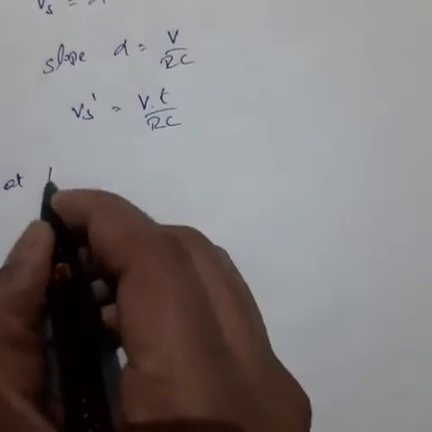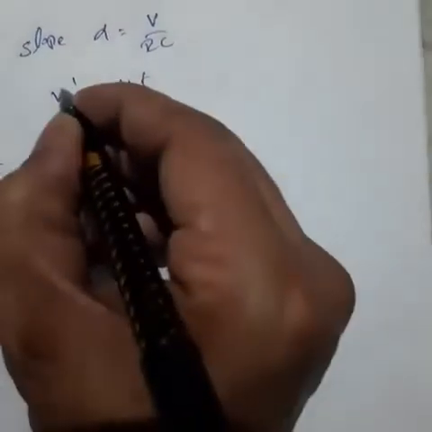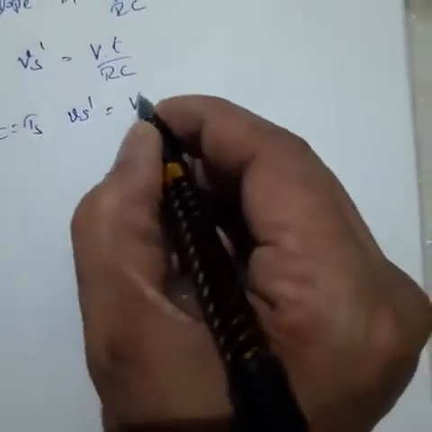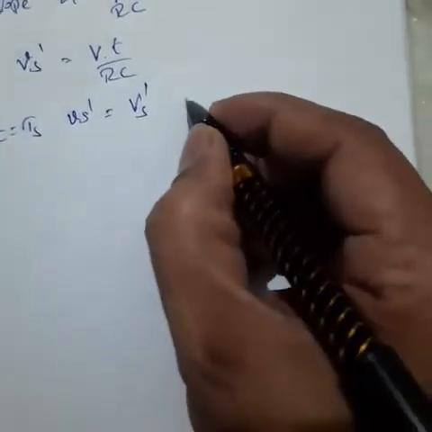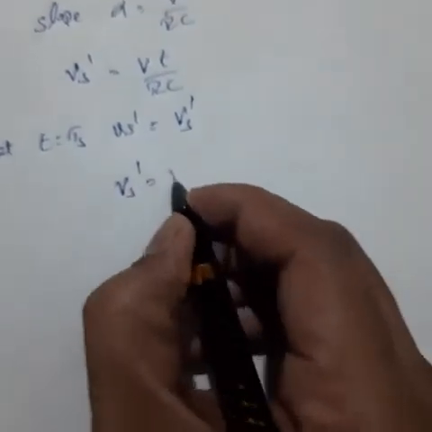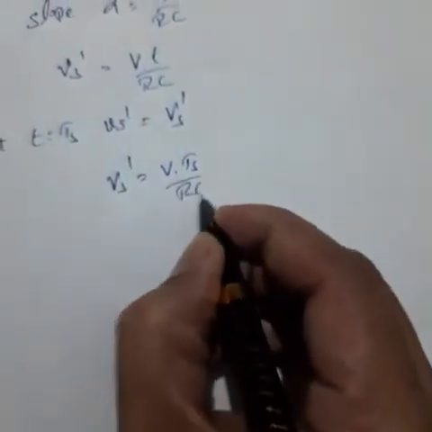Similarly, at t equal to Ts, small Vs dash equals capital Vs dash, which is V into Ts by Rc.